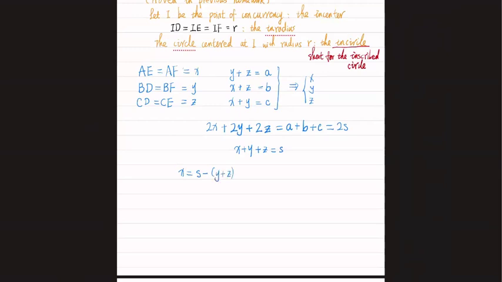We look up, y plus z is A. Okay, I will give you a few seconds to think about how to find y and z.